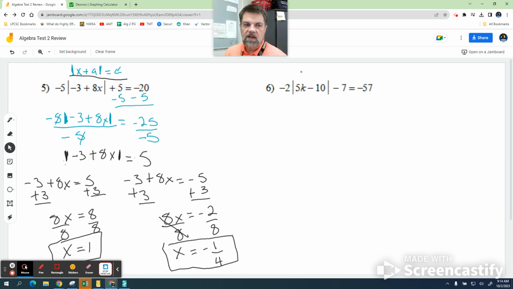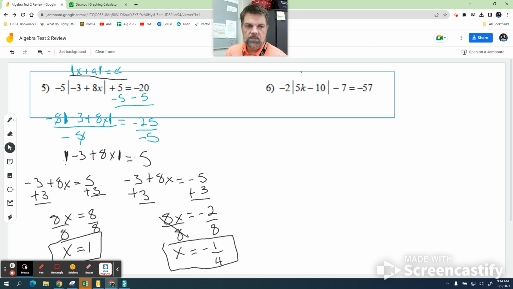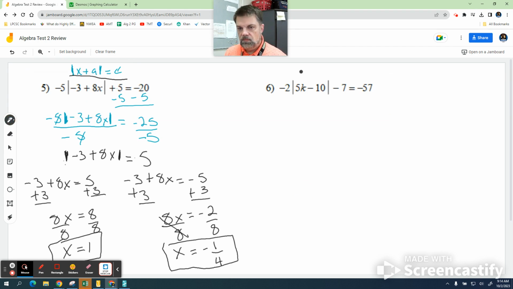Again, I kind of want it to look like this. So I'm going to add 7 to both sides. I get negative 2, absolute value 5k minus 10, equals negative 50.